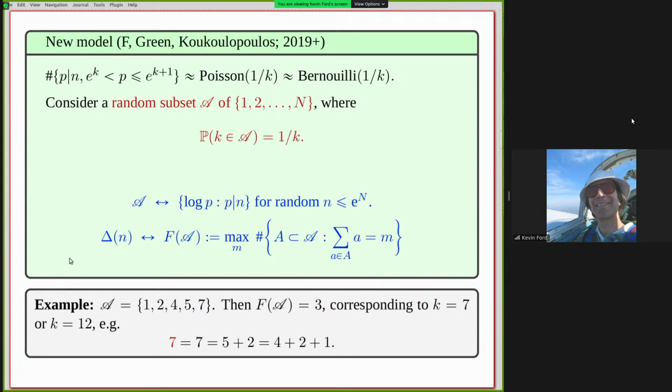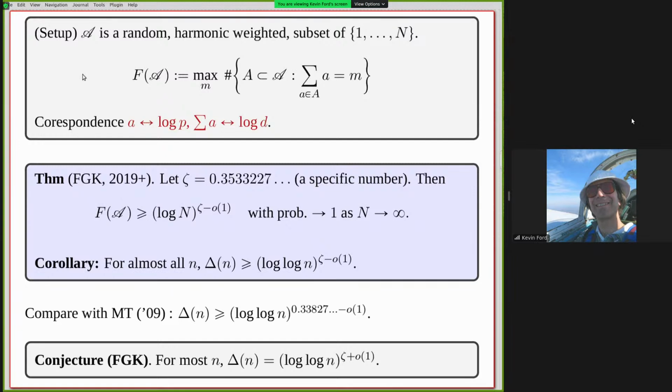All right. So what can we prove about this? Again, here's the setup. Each element of A corresponds to a logarithm of a prime, and sums of these correspond to logarithms of divisors.